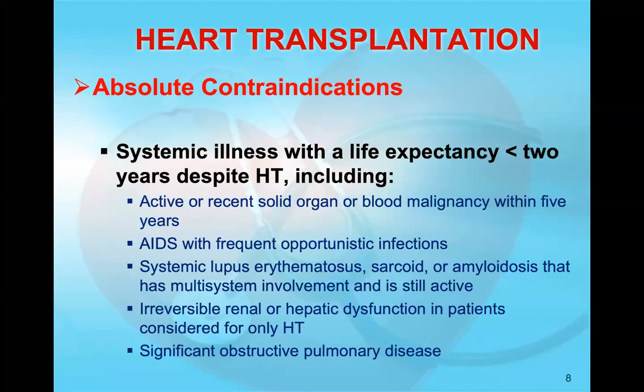Systemic lupus, amyloidosis, sarcoidosis, all these are some of the systemic diseases with multi-organ failure, which is irreversible multi-organ failure from liver to kidney, and that is not cardiorenal syndrome or cardiohepatic syndrome.